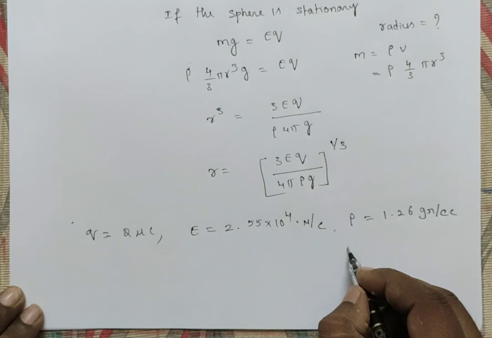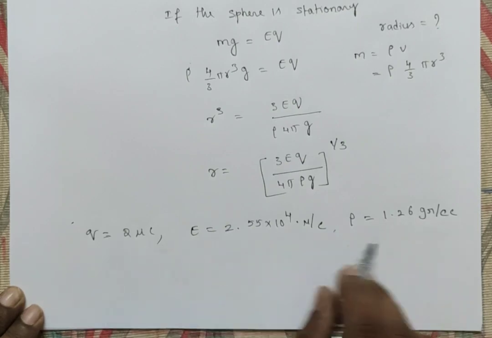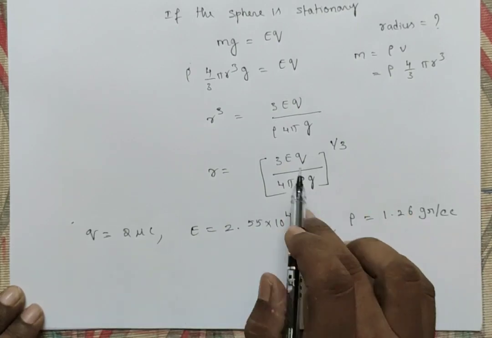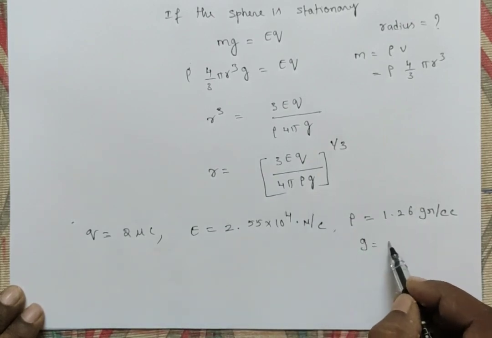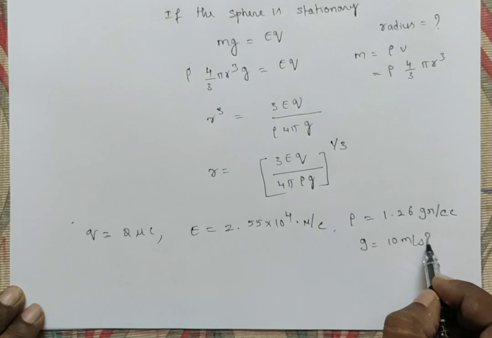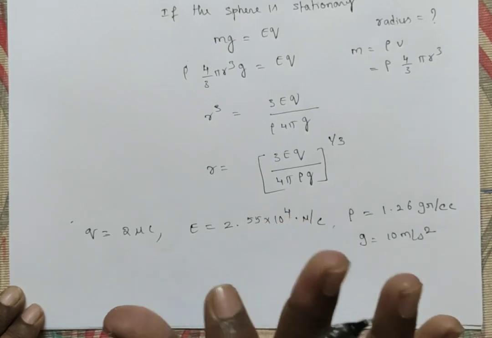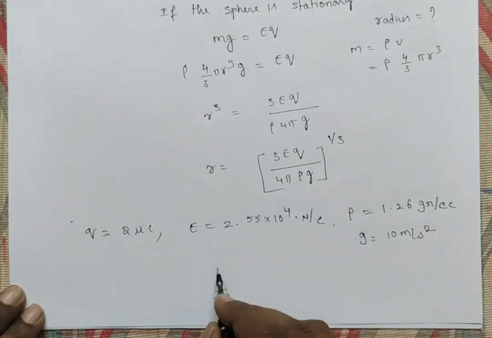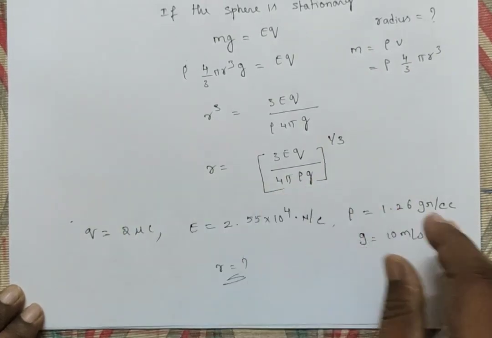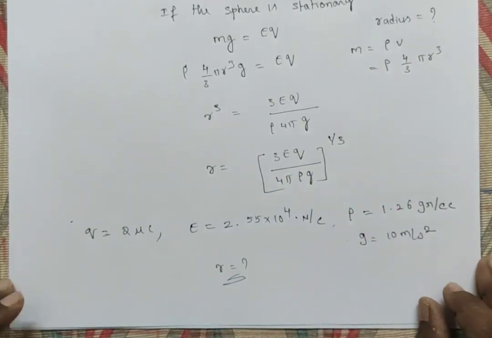E, Q and rho are given, and g you can take as 10 meter per second square. If the charged sphere is held stationary, substitute this information and find the radius. That is your task, and the remaining we will discuss in the next class.